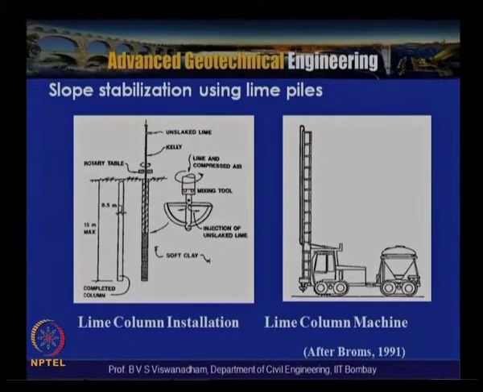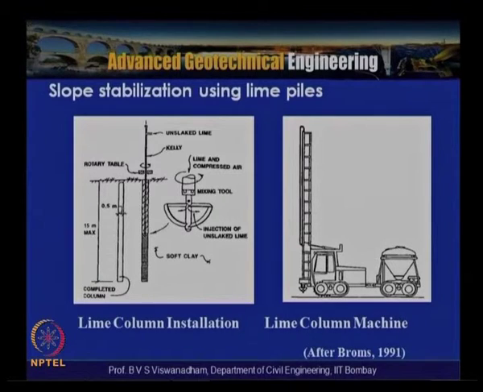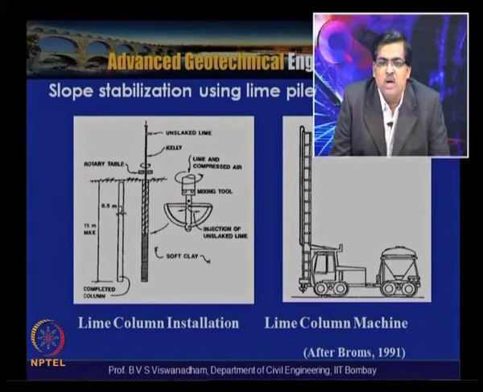In this particular slide the installation of lime columns or lime piles is shown, where a 0.5 meter to 0.8 meter diameter hole is made, and they can be used up to 15 meter length according to Brahms 1991. The drilled hole is filled with the help of this lime column machine, the lime is fed, and then lime columns are constructed.